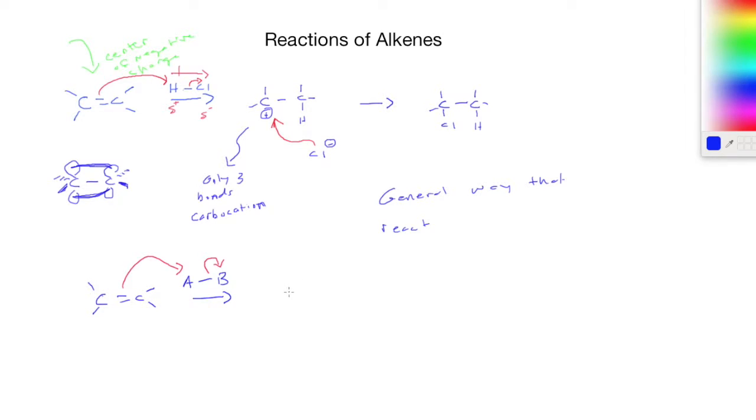And so here you now end up with this guy, and then of course in this case we have B minus, and so it's going to be this B minus that's going to come in and attack our carbocation to give us here our full reaction.